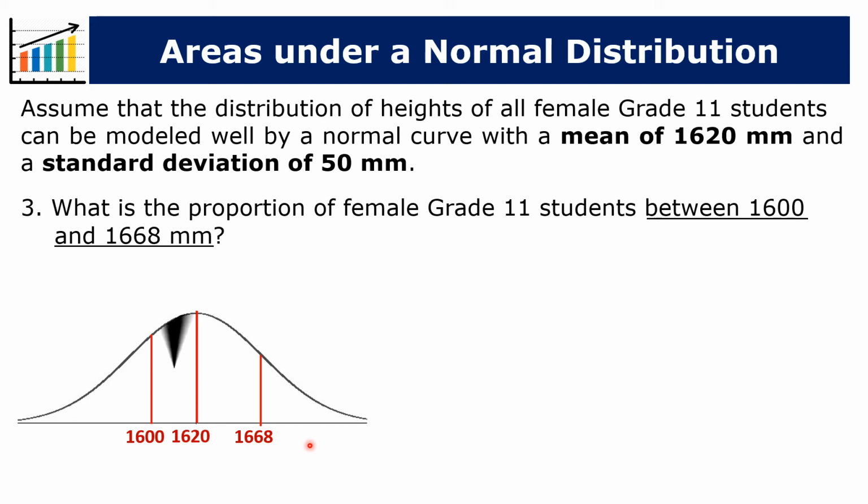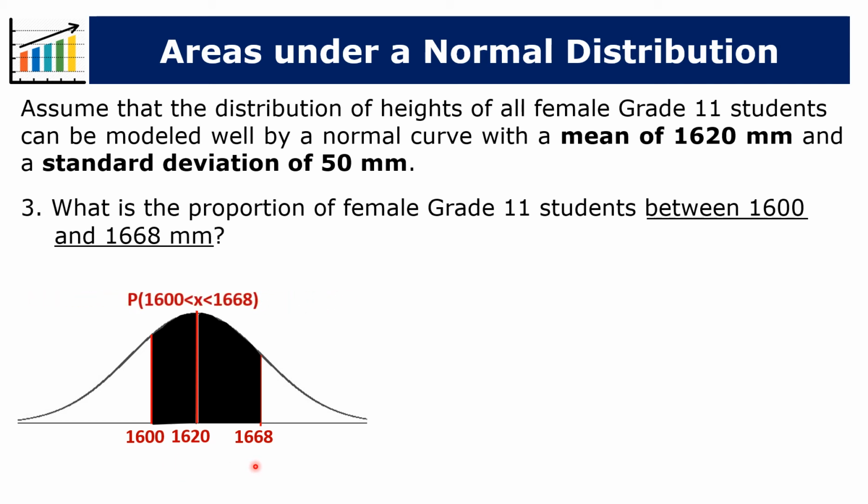The entire shaded region or regions represent the area between 1,600 and 1,668. In symbol, we have x is greater than 1,600 but less than 1,668. So this is the normal distribution for this problem.